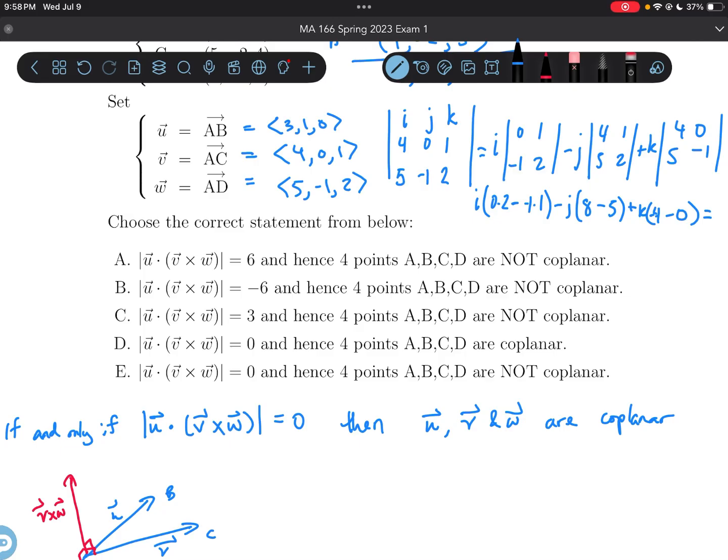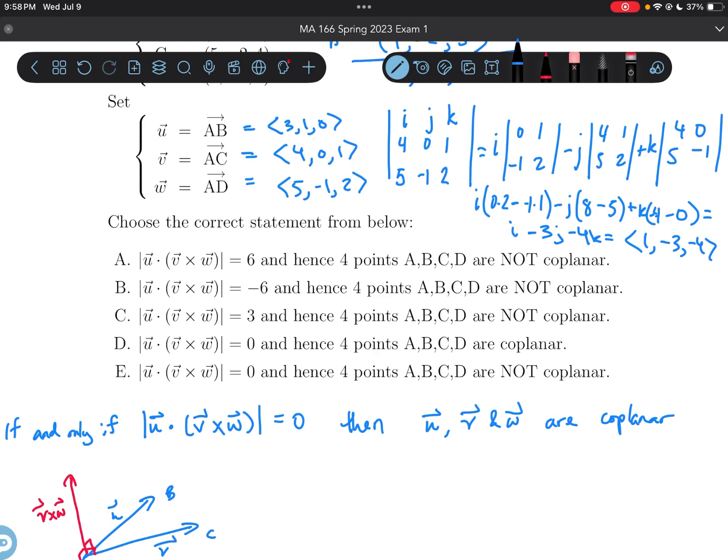And that is equal to I minus 3j minus 4k. Okay, and that is equal to the vector 1, negative 3, negative 4.